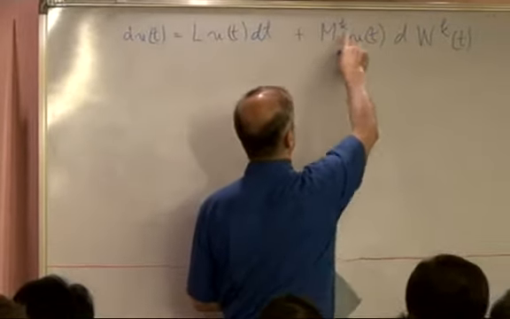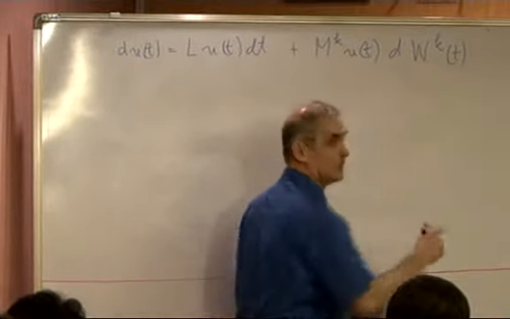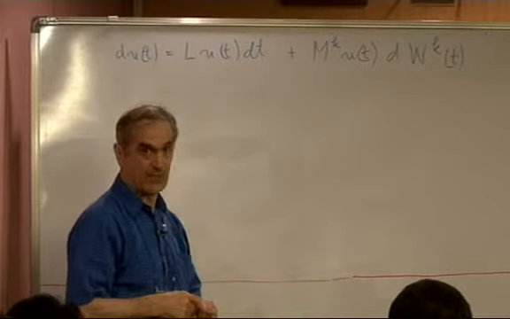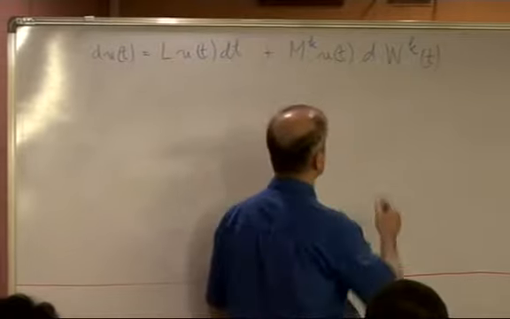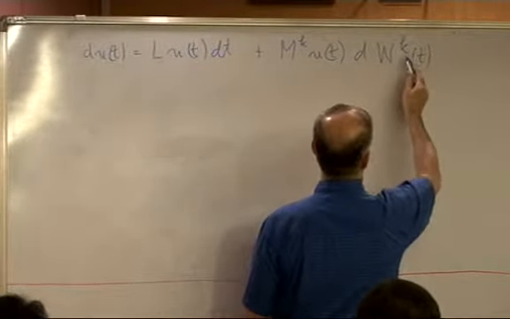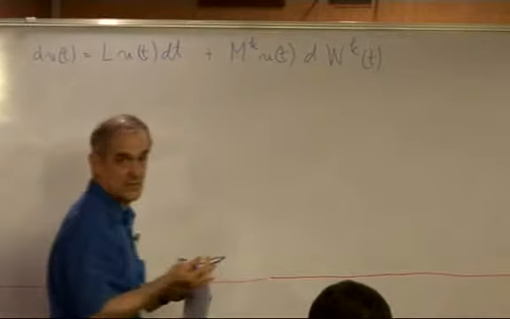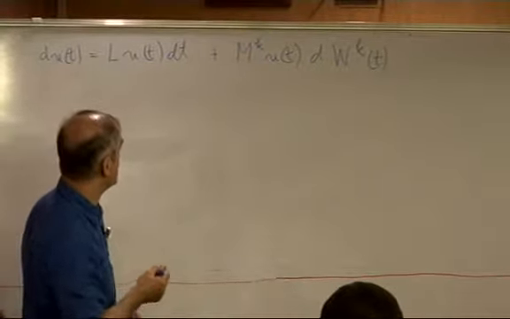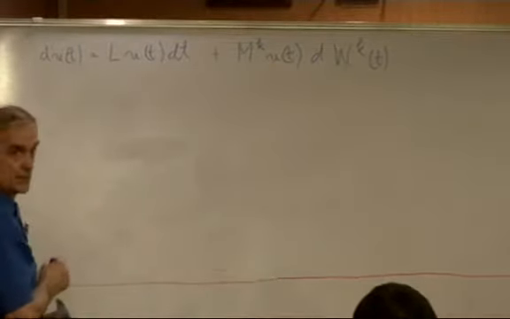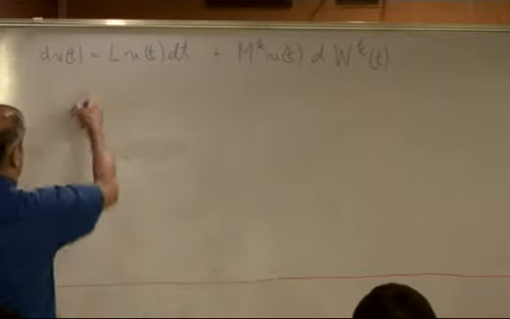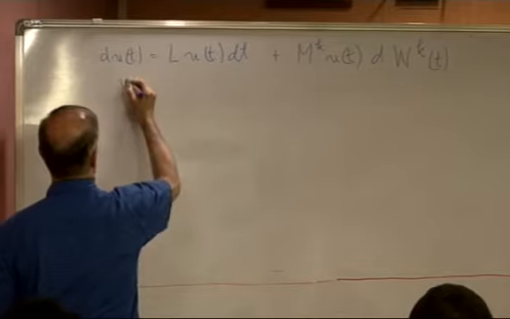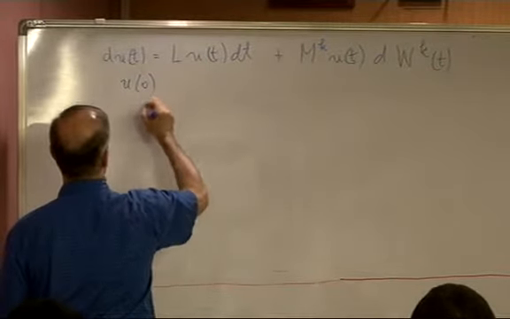When I write k in a product, that means the summation with respect to that index, if I do not state otherwise. So here W is a multidimensional linear process, M^k is a first order differential operator, and L is a second order differential operator. And we have an initial condition.